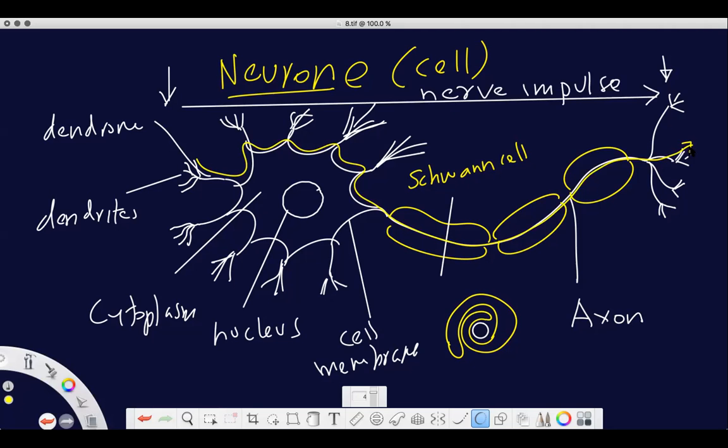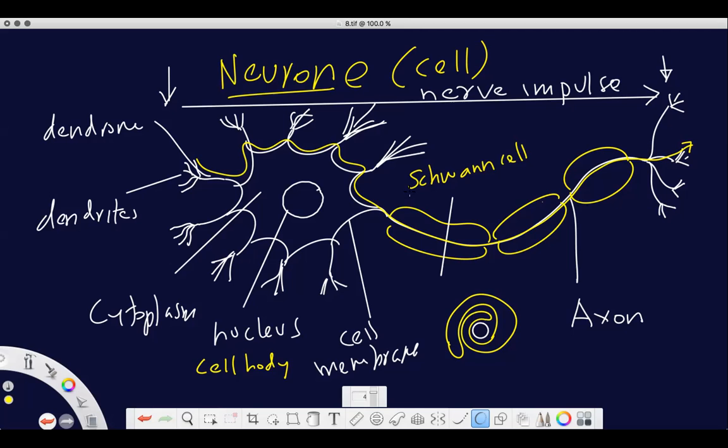We are not going to learn too much detail about how it is produced and how it can traverse this current. These things are not at our level of learning, but we can understand it is coming from this end, the cell body, and ends up at the end of the axon. This is the axonal end.